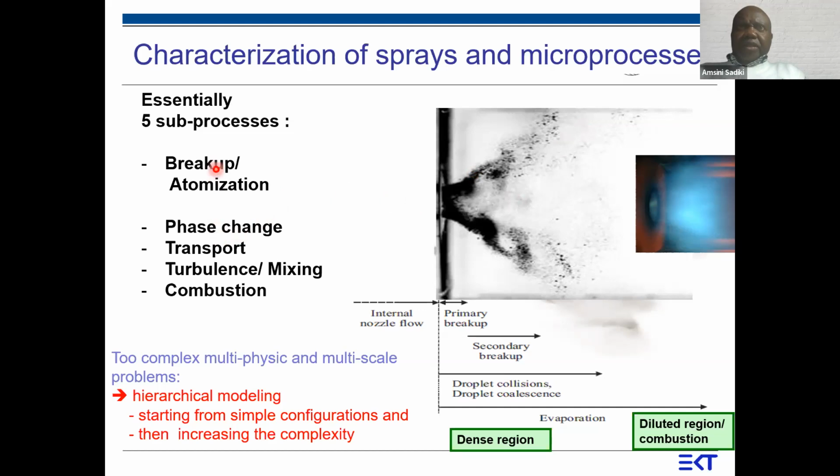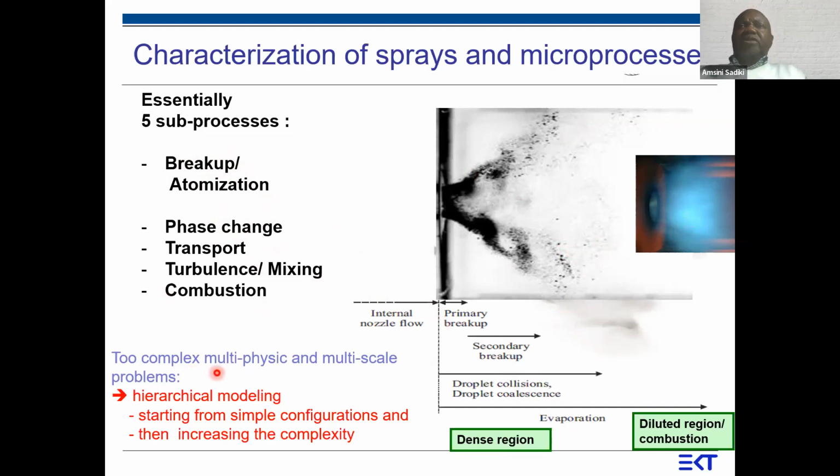We see that we have the breakup atomization process. We have phase change with evaporation, for example. We have transport of these particles, so dispersion, and they interact with the turbulence, and we have mixture formation. We have combustion, as we have seen previously.